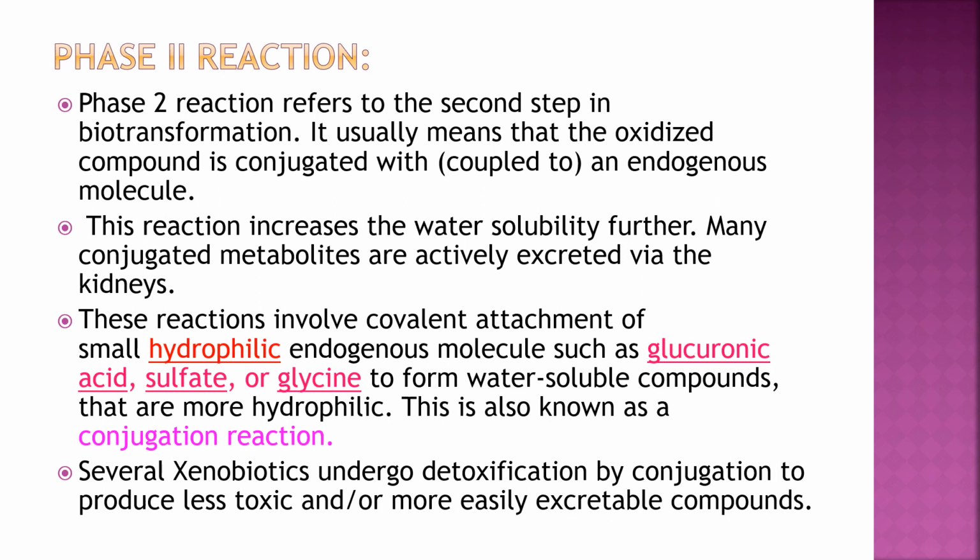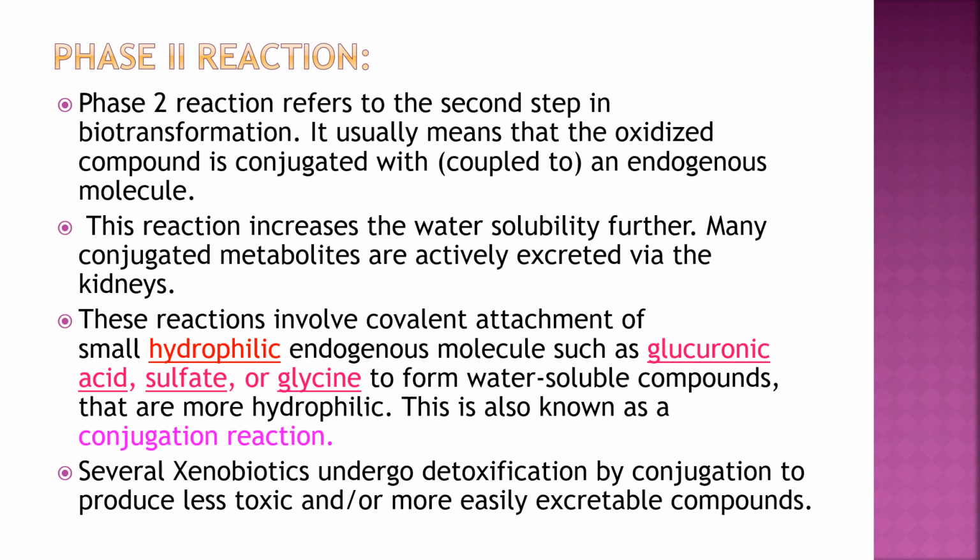Then phase 2 reactions. Phase 2 reactions refer to the second step in biotransformation. It usually means that the oxidized compound is conjugated with an endogenous molecule. This reaction increases the water solubility. Further, many conjugated metabolites are actively excreted via the kidneys.